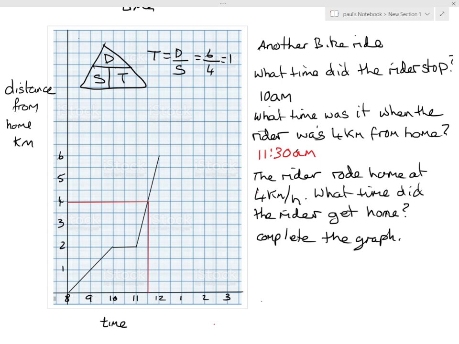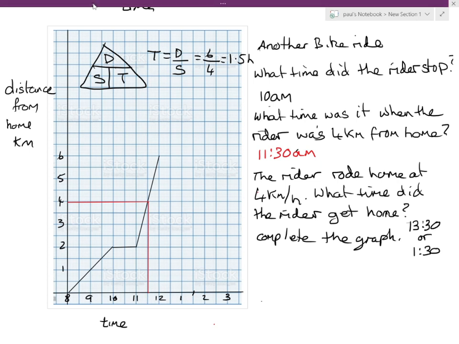So that equals 1.5 hours. Yeah. So 1.5 hours after this point, he arrives home. So that will be from 12 to 1:30. So what time did he get home? 13:30 or 1:30. Both will be okay.